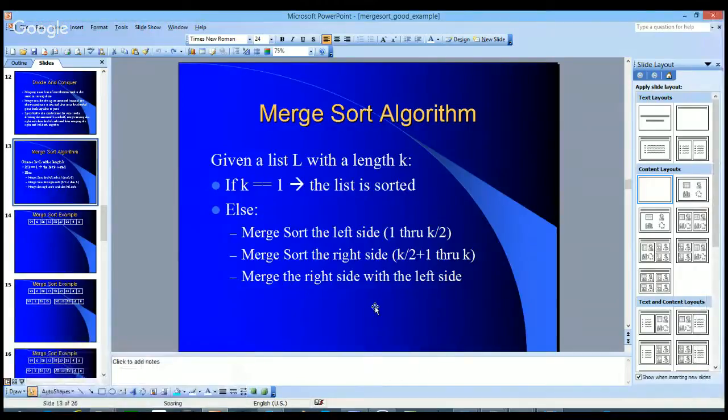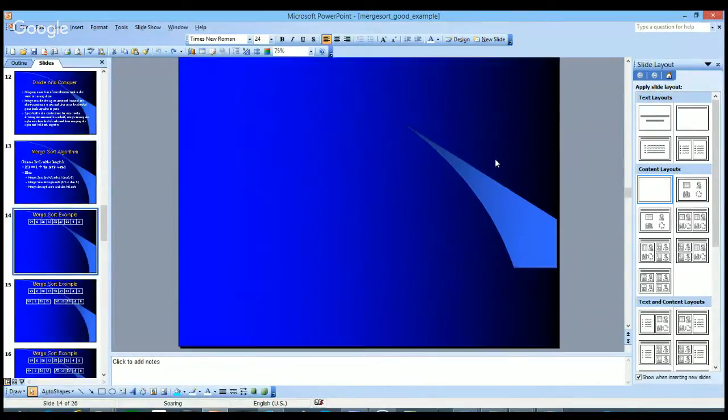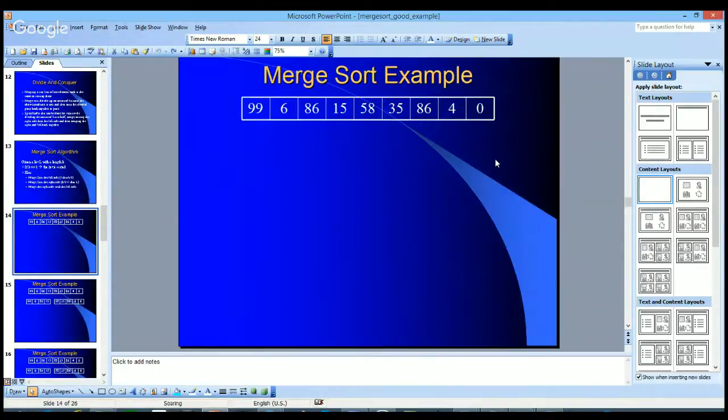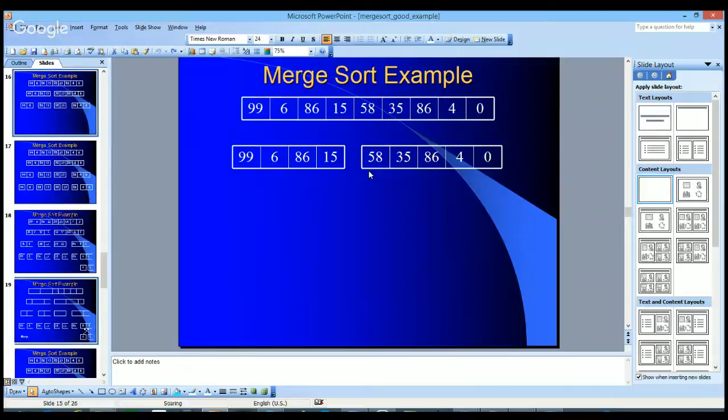For example, this is the unsorted list of numbers. According to the divide and conquer rule which MergeSort implements, it first divides it into smaller parts until it reaches a single element stage. This is the first stage where it is divided into two halves.